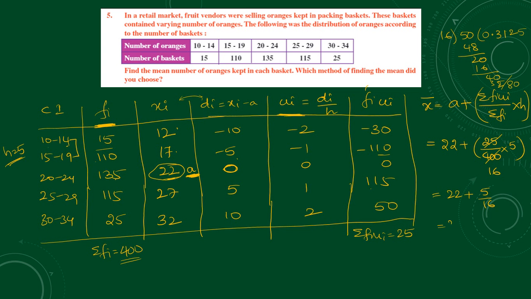So the answer is 22 plus 0.3125. Since 16 is 2 power 4, it is a terminating decimal, so this gives me 22.3125 oranges per basket. The question asks which method of finding the mean you chose. I chose the step deviation method, so I am going to write that as the conclusion.